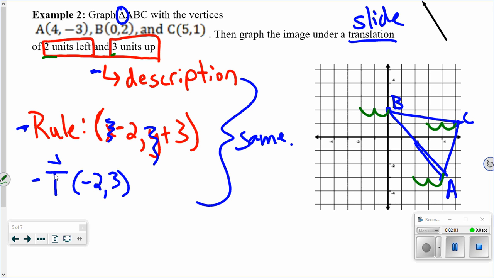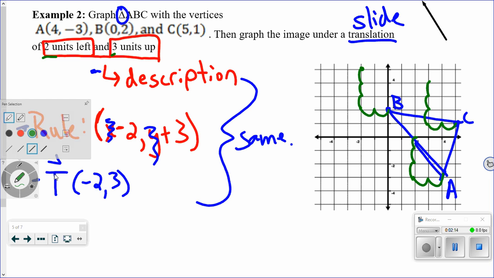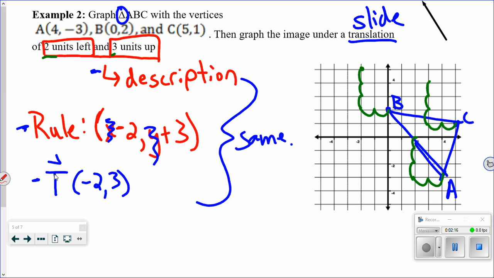So again, everything is moving up 3 units. And don't forget to label our points. Now these are our image points, and our image points are always attached to a prime. So this is B prime, this is A prime, and C prime.